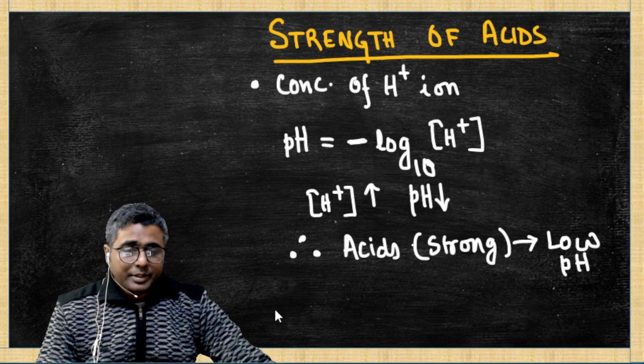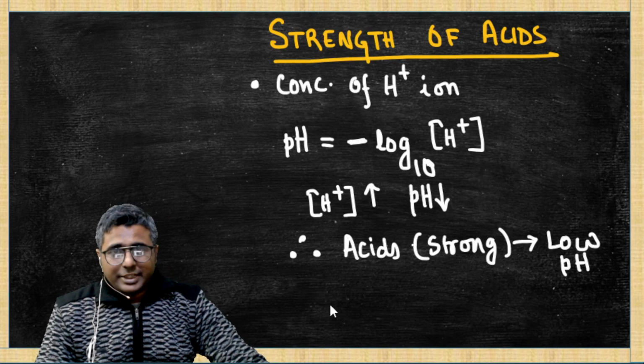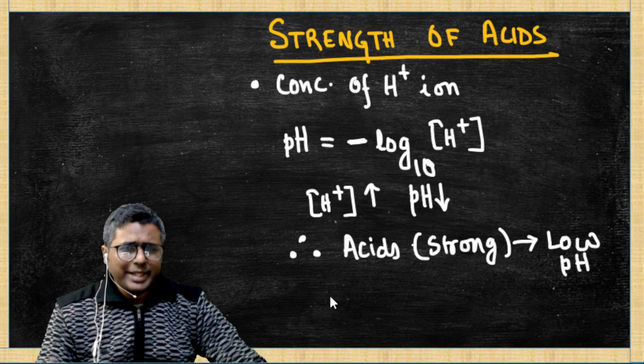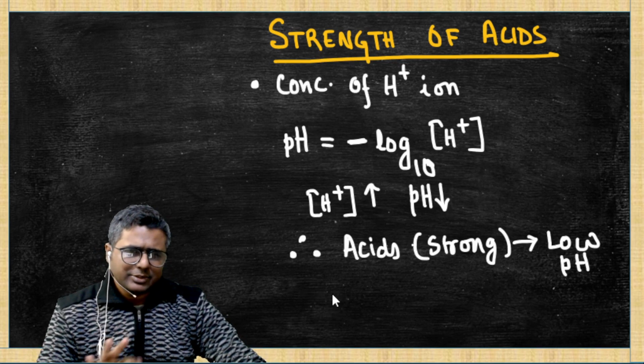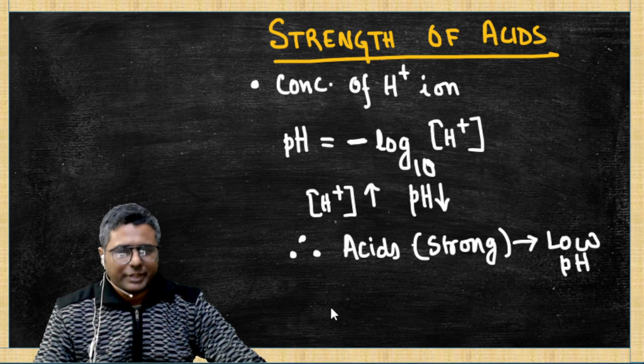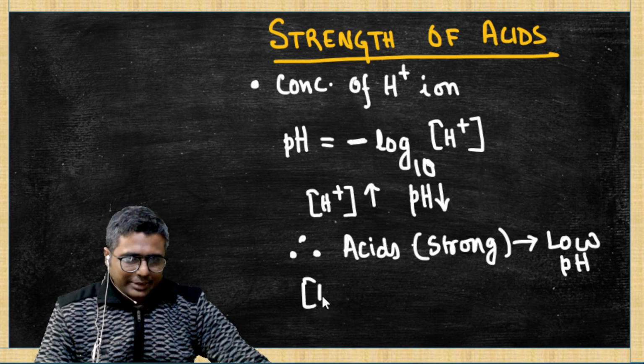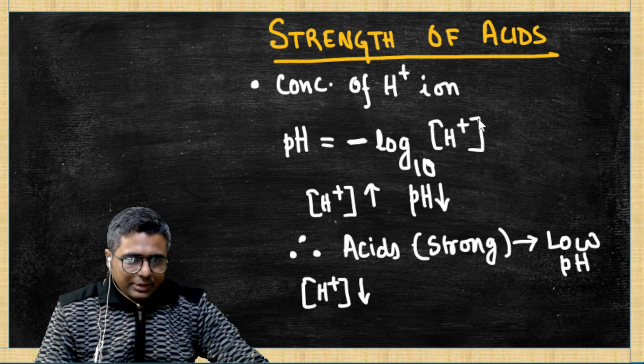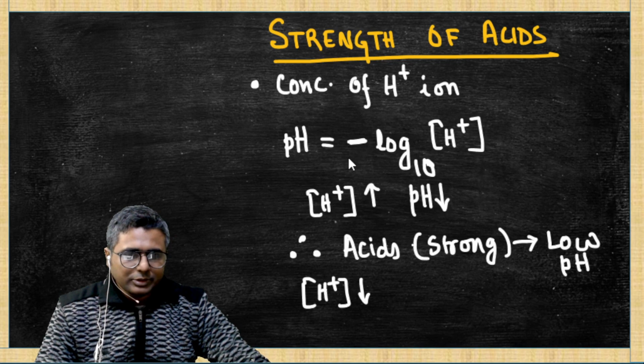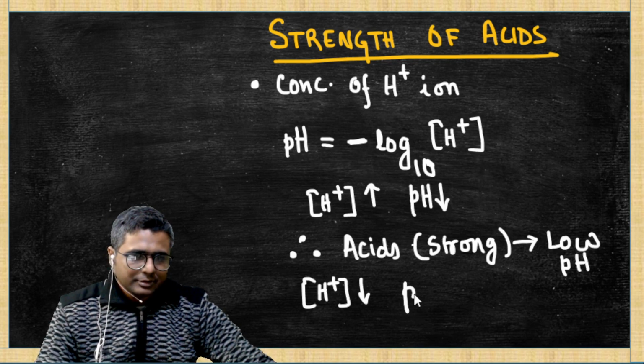Now if there is less amount of H plus, let us take almost no H plus, a very negligible amount of H plus. If H plus ion concentration decreases, there is a negative sign, so that means pH will increase.